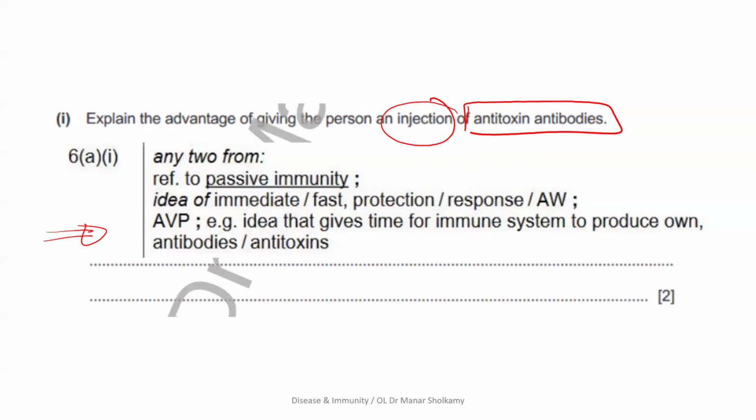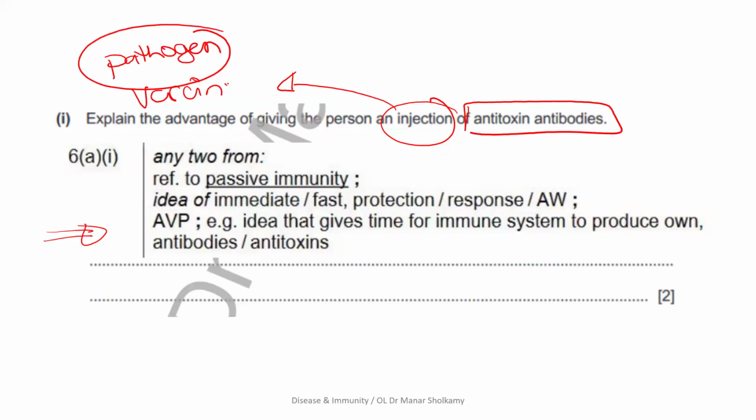You take two injections. One injection will have the pathogen itself. Then this is a vaccine. I want to activate my immune system. I want long-term immunity. Another injection will include antibodies, ready-made antibodies. So here, is this the passive or the active immunity? Passive.